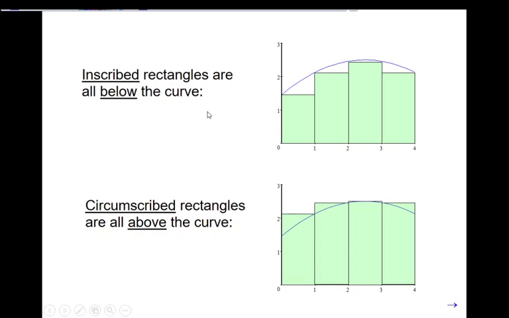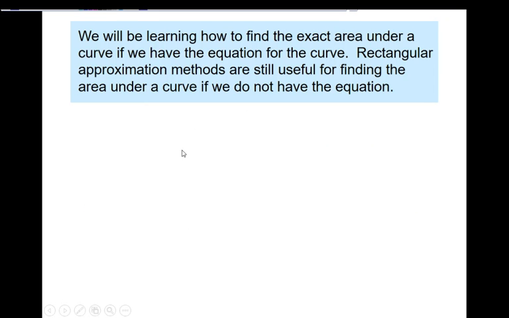Now, we will be learning how to find exact area under the curve if we have the equation, but rectangular approximation methods are still useful for finding area under the curve if we don't have an equation. When we're talking about real-world data that doesn't fit an exact curve, rectangular approximation works really well, for example with statistical data or sales data.